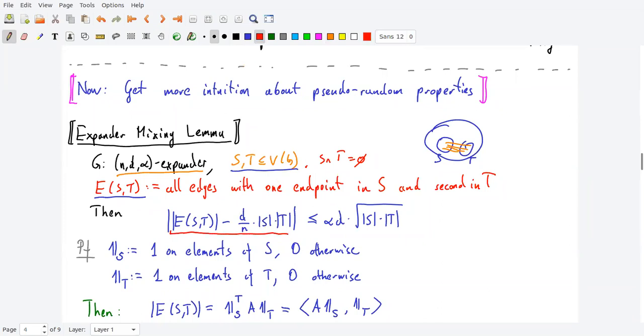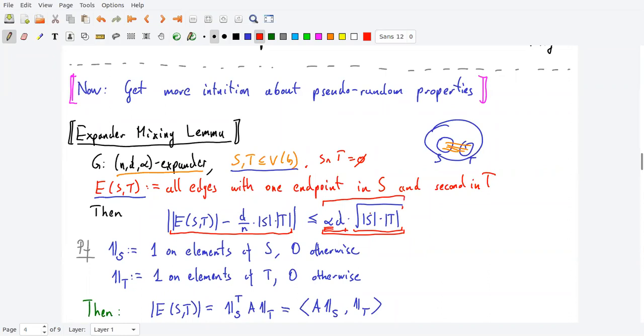So the difference between the actual number of edges and this expected number of edges is at most alpha times d times the square root of |S| times |T|, the geometric mean of the sizes of S and T. You see here that the better expander you have, the smaller alpha, the more concentrated are the eigenvalues, the sharper the estimate you have here.